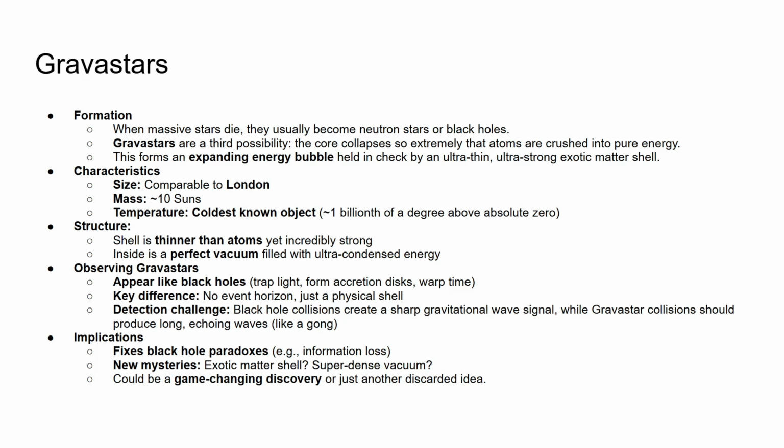So that's another question that arises from these that we have no idea if it's possible or not. But this could be a game changing theory that would fix just about all the problems that come with traditional black holes. Of course, bringing up some other ones, but it could fix the fundamental paradoxes that black holes create.